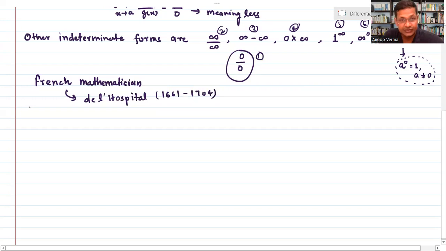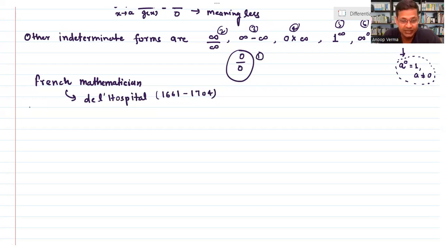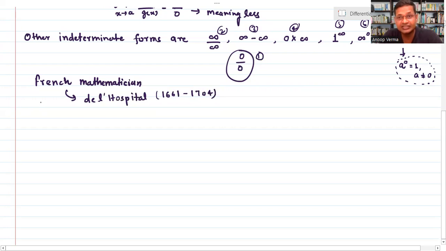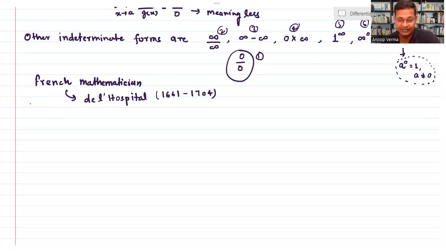He developed this thing. So let us see how we will get this formula. So the L Hospital rule: let us start with the 0 upon 0 indeterminate form, and then infinity upon infinity, then infinity minus infinity, and so on. One by one I will discuss how we will calculate such limits if we get them.